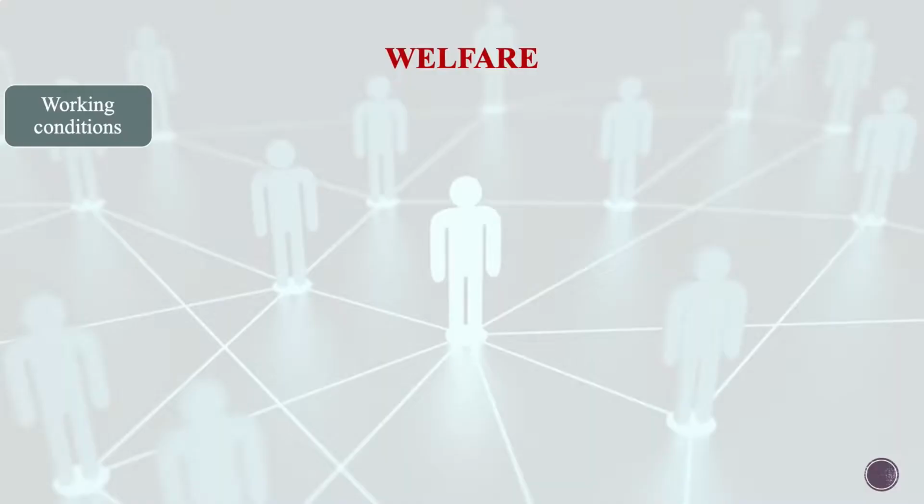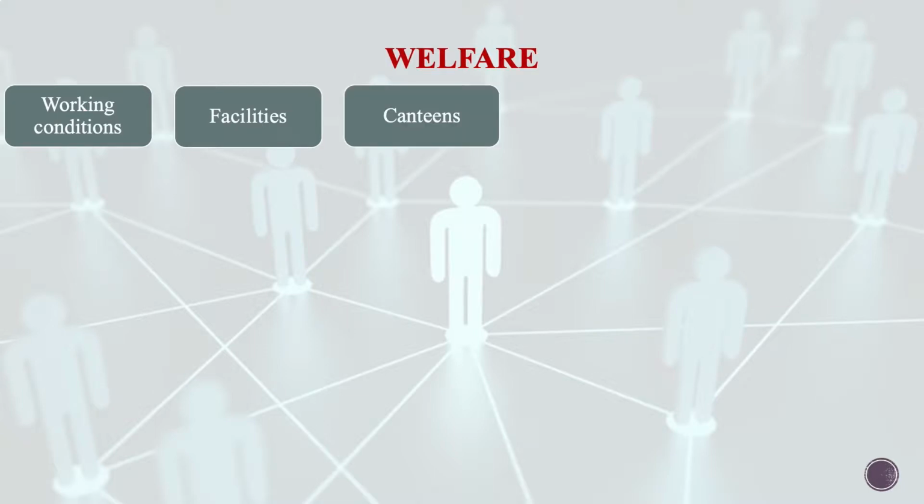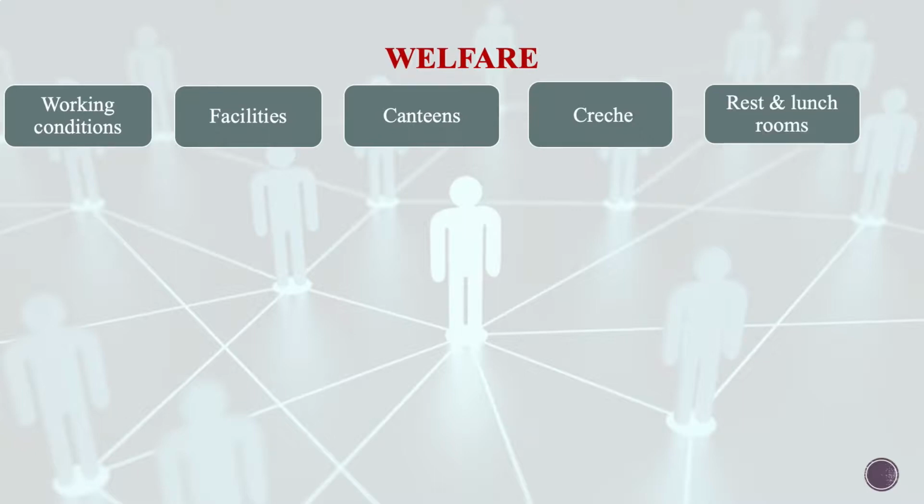That is, the upkeep of the working conditions, the facilities in terms of lifts, elevators, toilets, etc. Then the canteen, the type of food, menu, etc., and proper places, lighting, ventilation, etc. Then if a creche is available, the facilities of a daycare center. Then providing proper rest and lunch rooms so that the workforce can have a proper break from their work.